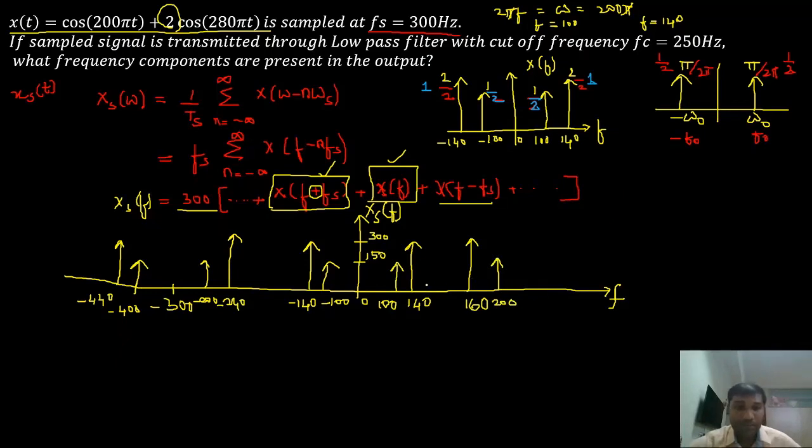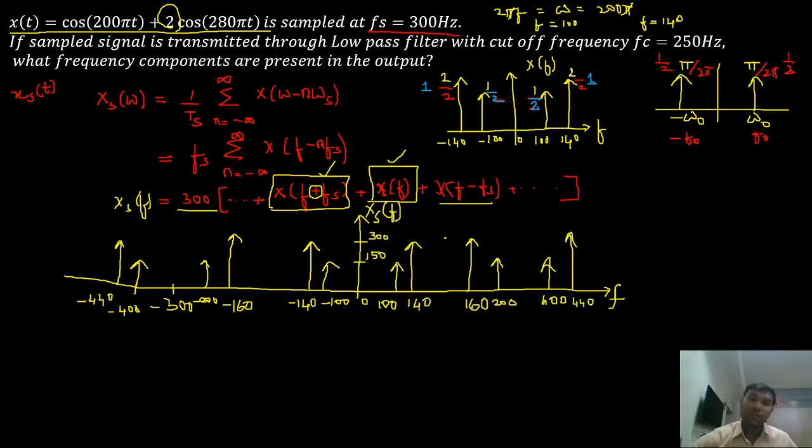Sorry, this is not negative 240, this is negative 160. And then 100 plus 300, that is 400, and then at 440.